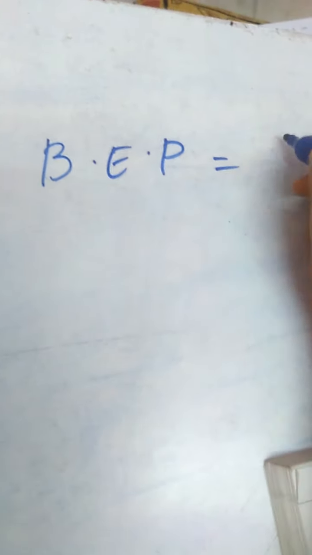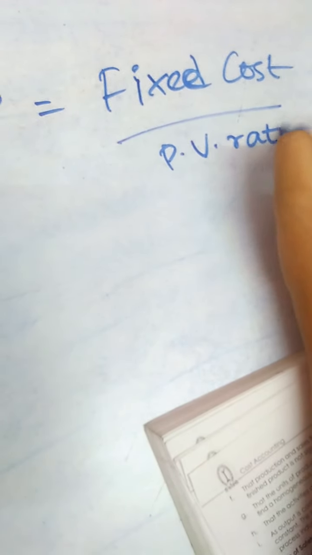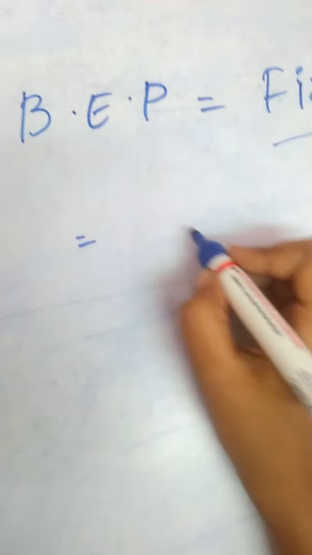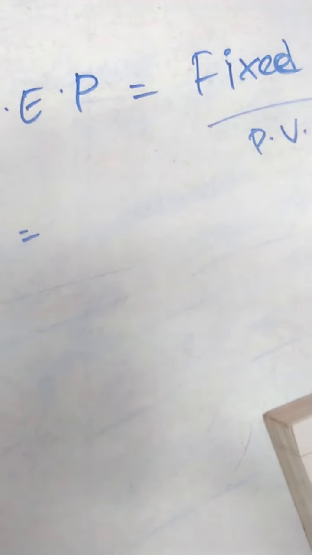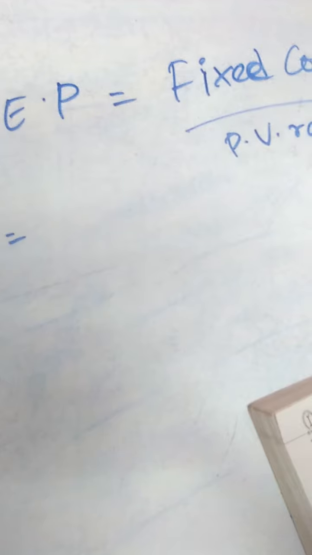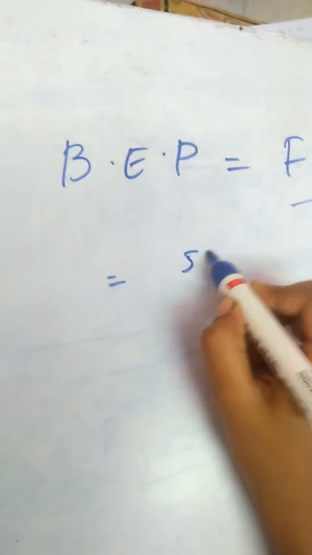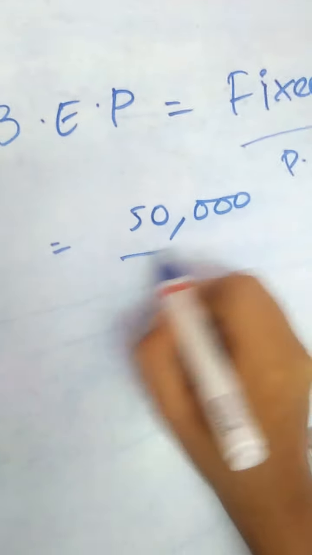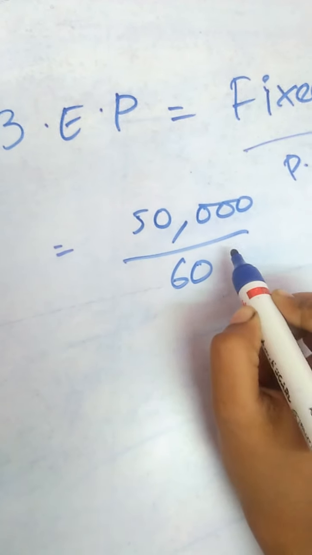The BEP formula is equal to fixed cost by PV ratio. We have fixed cost in the question as 50,000 and we computed PV ratio as 60%.